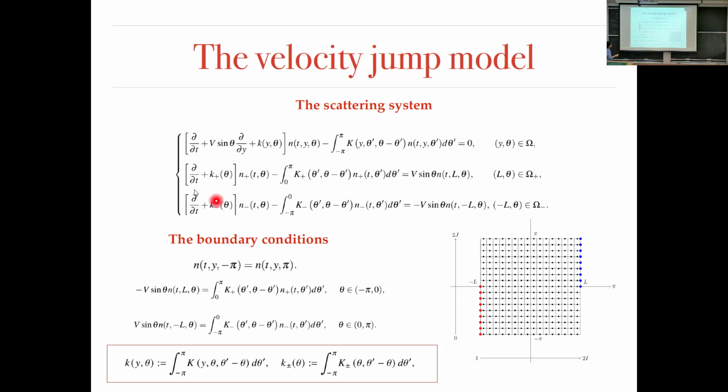Even if the cells are attached to the boundary, they can still change their movement direction according to some tumbling kernel. There is a term v sine theta, which is the contribution of those cells that move to the boundary, because n is those cells inside the domain. When those cells reach the boundary, they change into cells that attach to the boundary. This is where the source term comes from.